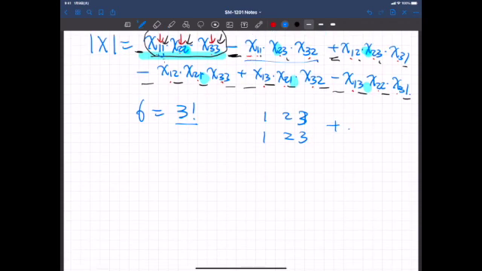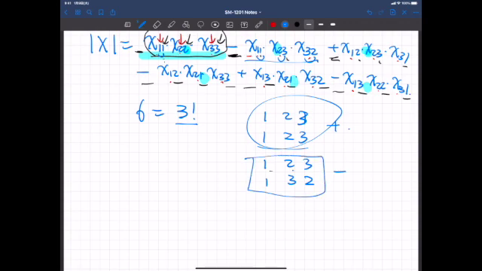And the next one, 1, 2, 3 is paired with 1, 3, 2. In this case, it's negative. Look at this permutation. 1, 2, 3 is permuted to 1, 3, 2. So we have swapped 2 and 3 once. In this case, we have a negative sign.